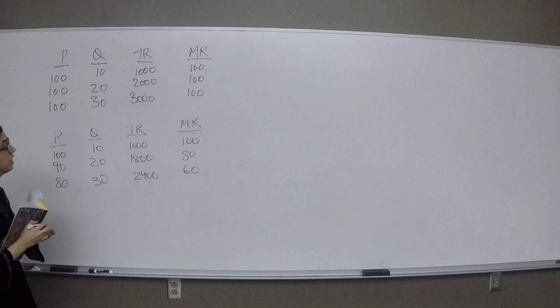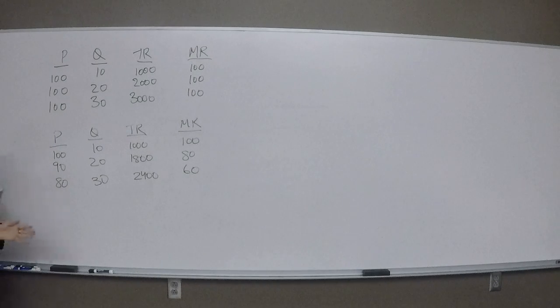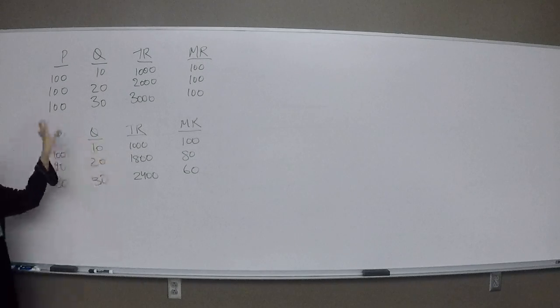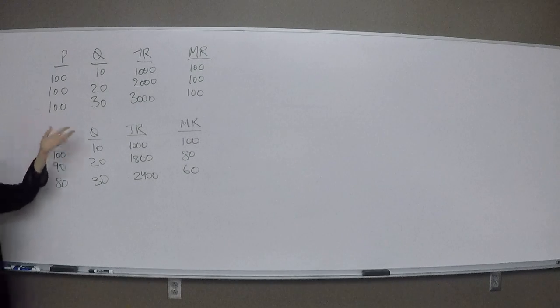Which one of these is competitive and which one of these is monopolist, just by looking at the numbers? The first one is competitive, because the price is the same as marginal revenue. Yes, that's correct. The first thing you notice is that price is the same as marginal revenue, so the top one has to be competitive.